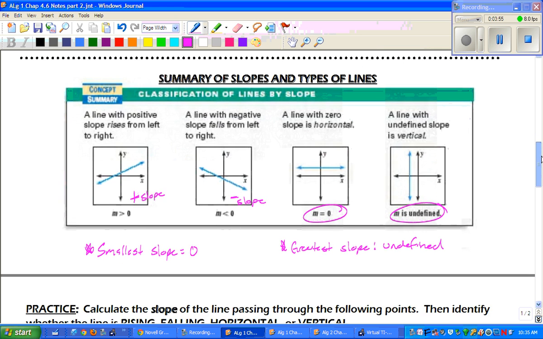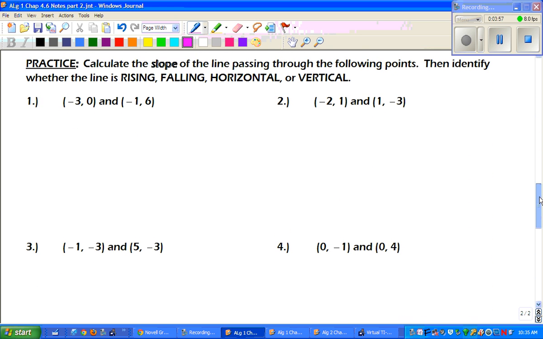All right, let's go ahead and take a look at the other side. Practice. Calculate the slope of the line passing through the following points. Then identify whether it is rising, falling, horizontal, or vertical. Okay, so we have to say which one of those it is.